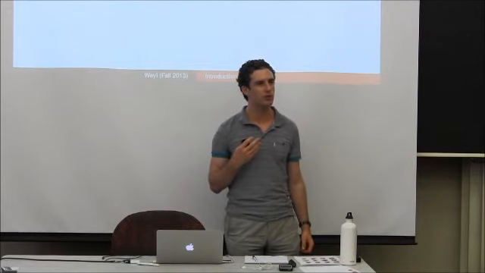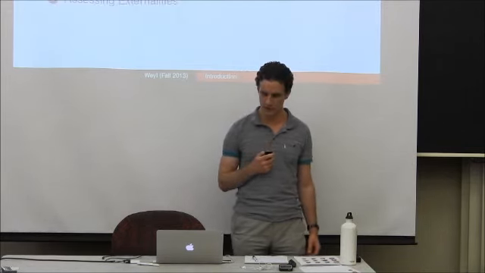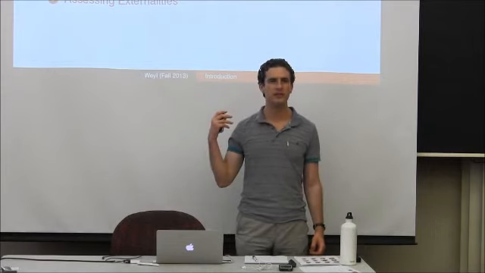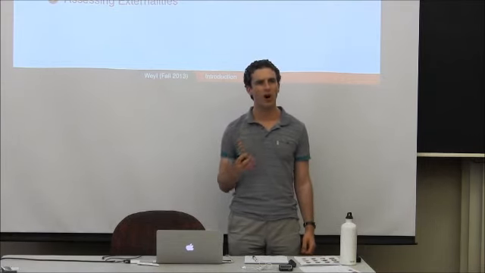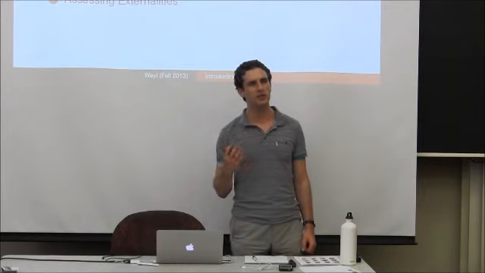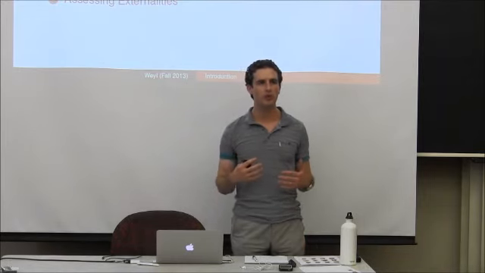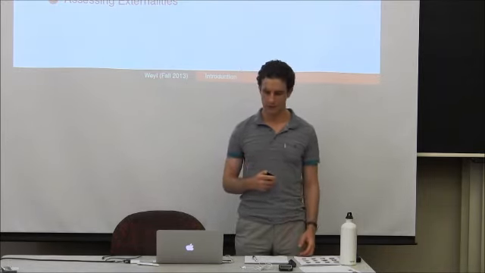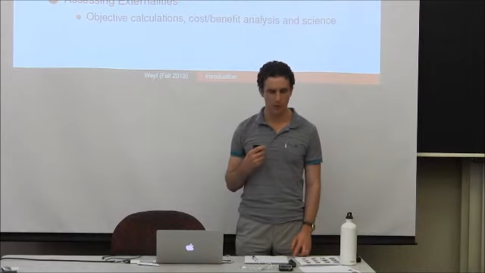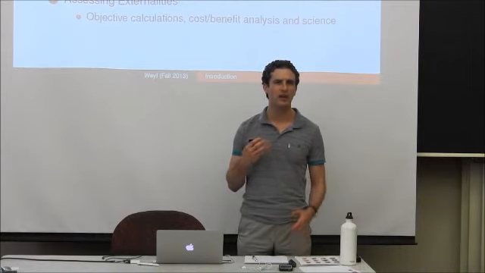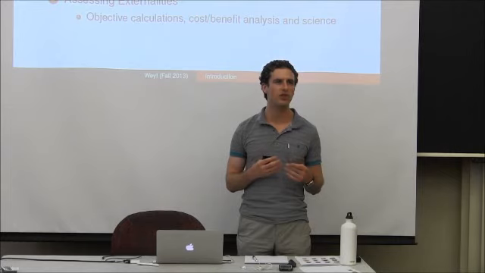We'll talk about Coase's theorem and the issue of getting the right information in order to internalize externalities. And that will lead us into the next lecture, which will be all about figuring out the information necessary in order to internalize externalities.